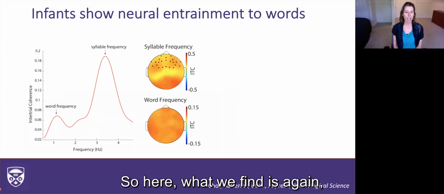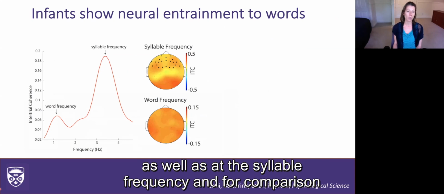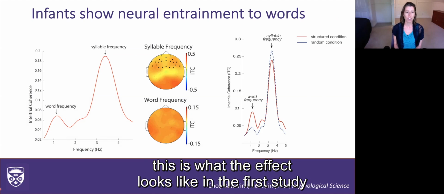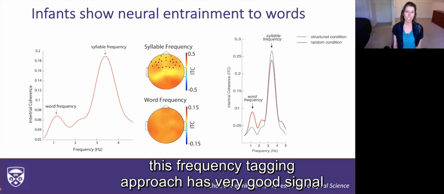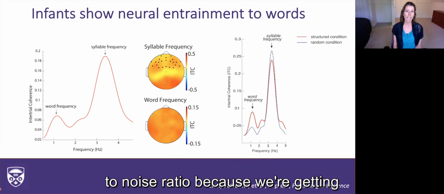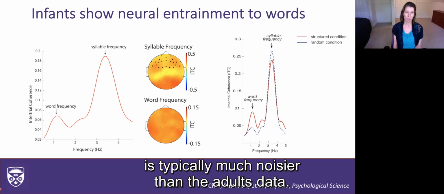So here what we find is, again, a peak in neural entrainment at the word frequency as well as at the syllable frequency. And for comparison, this is what the effect looks like in the first study that I presented. So this highlights that this frequency tagging approach has very good signal to noise ratio because we're getting a similar looking response even though the infant's data is typically much noisier than the adult's data.